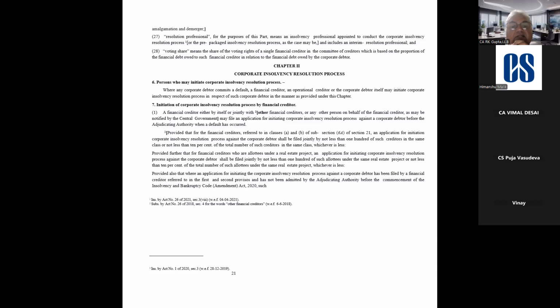So a corporate debtor is a person who has taken a loan, who has incurred a debt, and when he commits a default, the triggering point is default. Who can file the application? Financial creditor, operational creditor, or the corporate debtor itself may initiate the corporate insolvency resolution process in respect of such corporate debtor in the manner as provided under this chapter. So this is brief about sections 1 to 6.